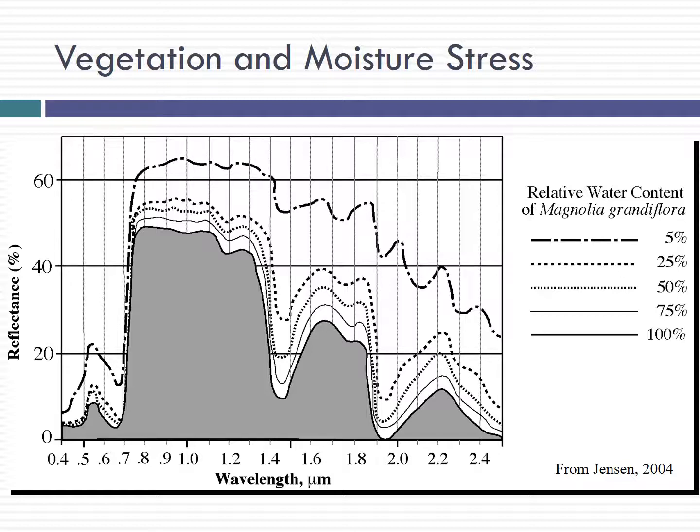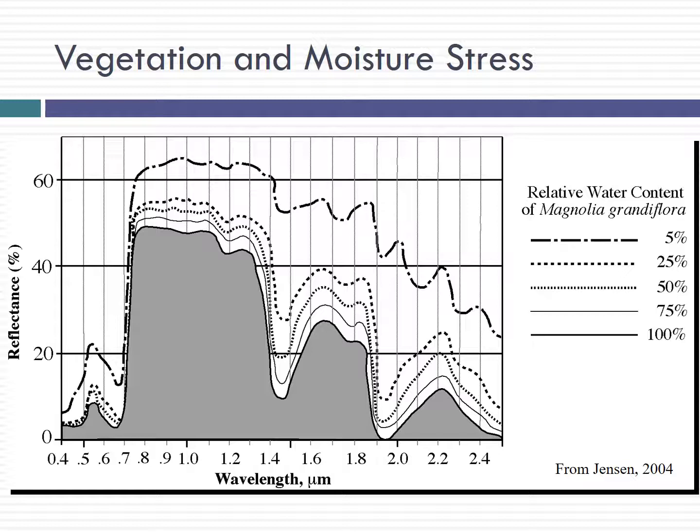And what we're looking at here is the spectral signature of it relative to, and this is important, relative water content. So when the leaf vegetation is fully saturated with water, you get the solid line, the 100% line.